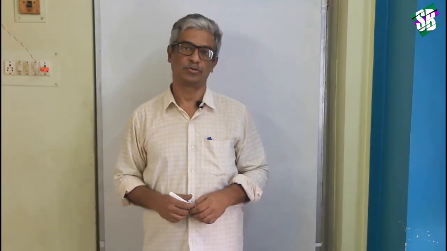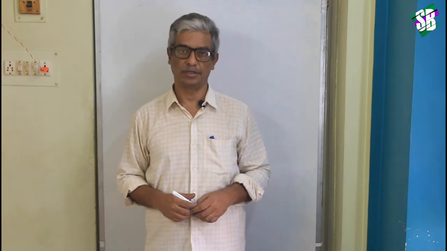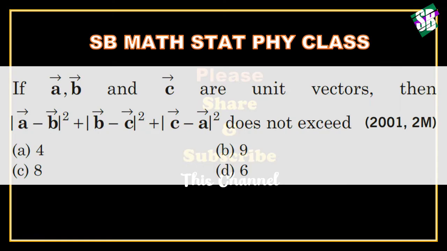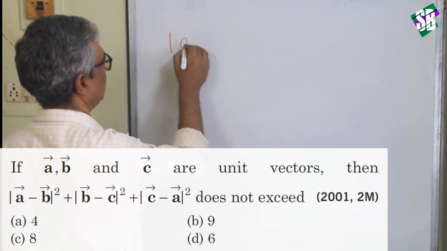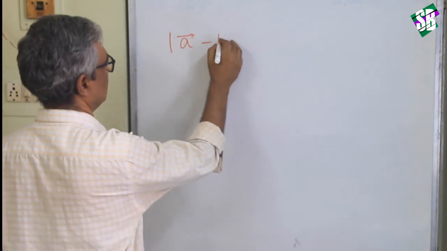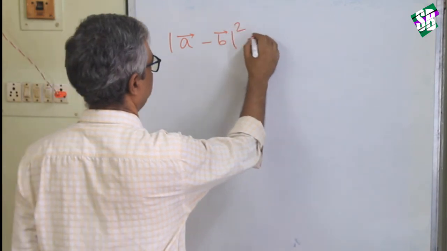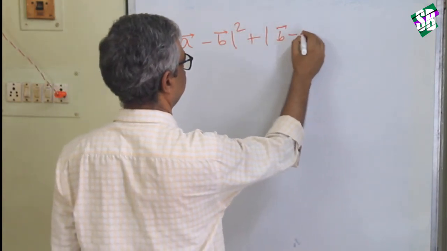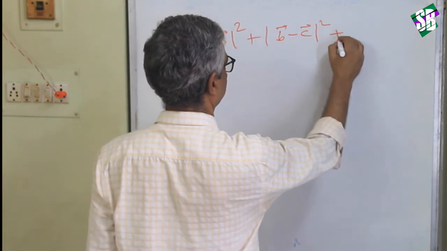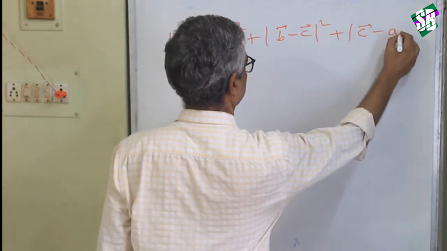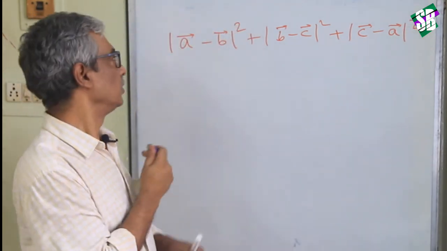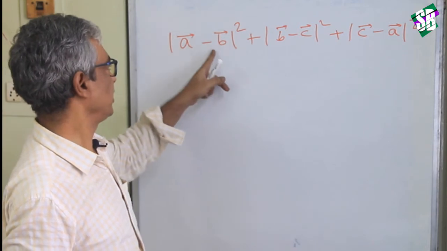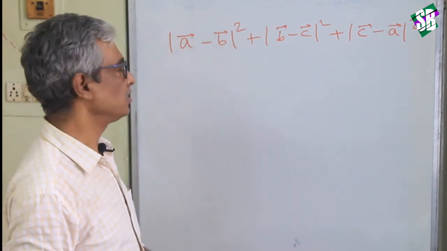Now take the next question that is appearing on your screen. Here, first what you have to do is to do something about this. Now we know that mod of this square means (a vector minus b vector) dot (a vector minus b vector).